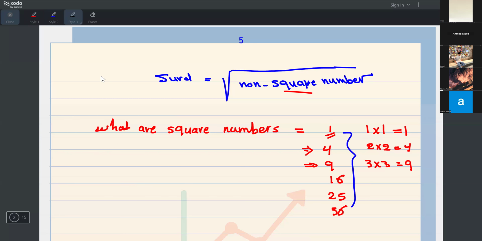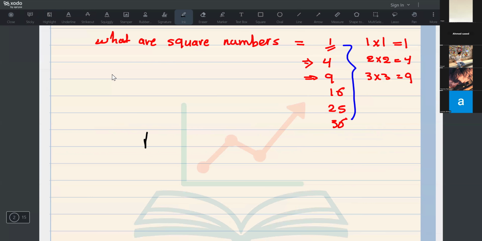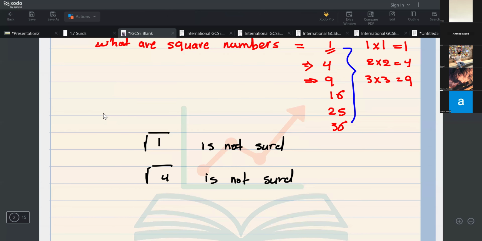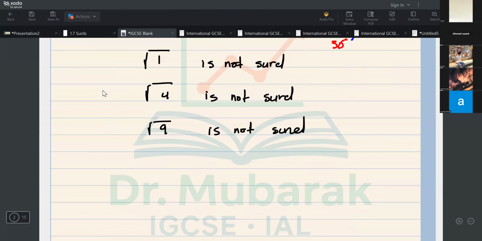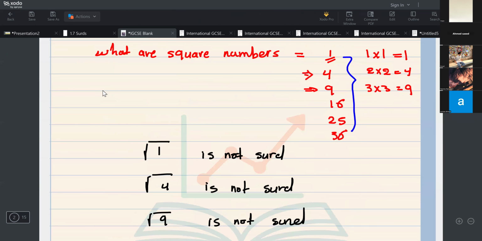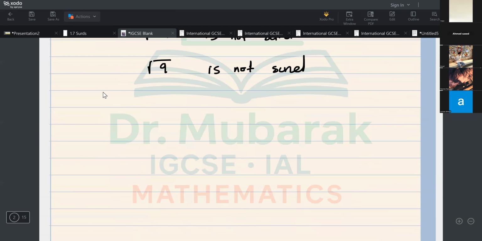So root 1 is not a surd, root 4 is not a surd, root 9 is not a surd. The square root of any square number is not a surd, but square root 2 is a surd.